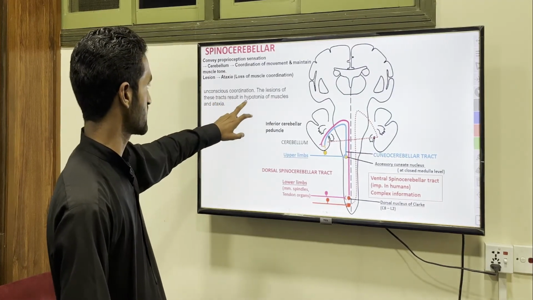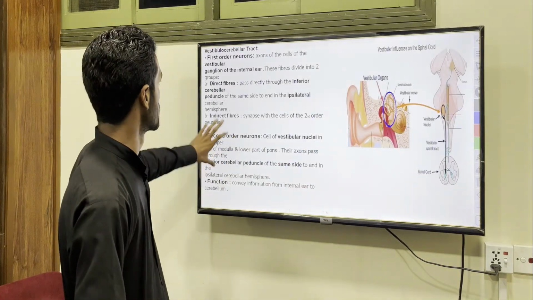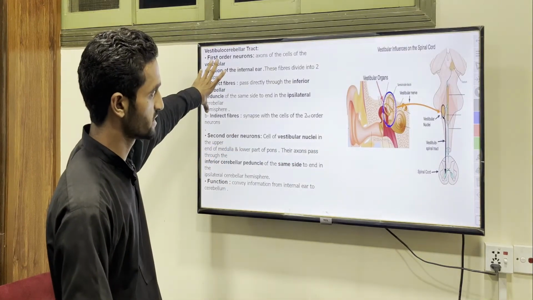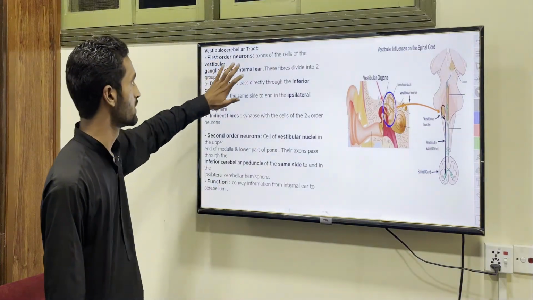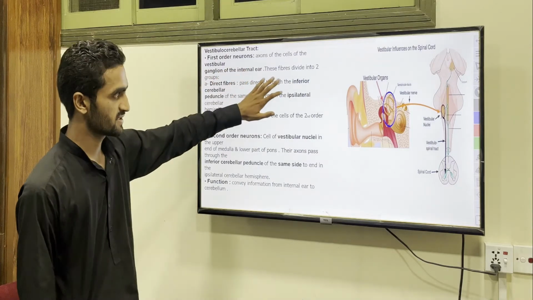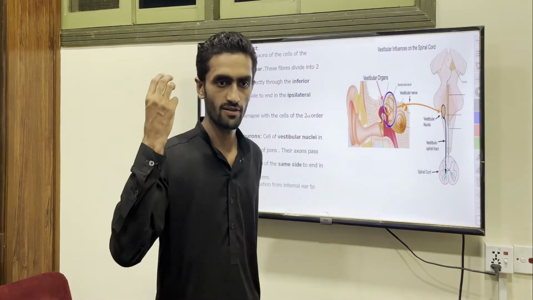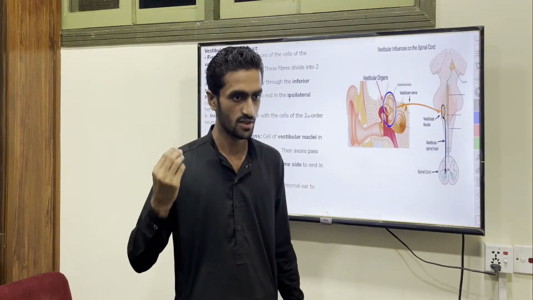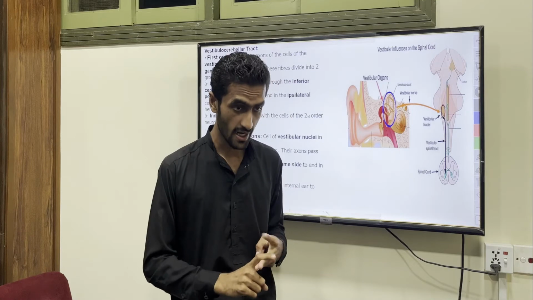The lesion of this will result in hypotonia, muscle and adoption. One pathway is the vestibular pathway, which is not as important for your exam, but our first order is here in the vestibular, because for our balance we need three things: proprioception, vision, and the vestibular system.